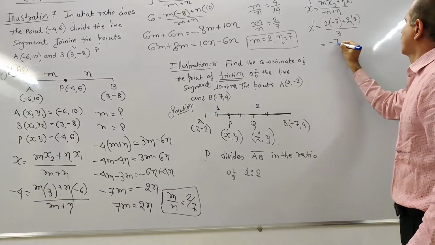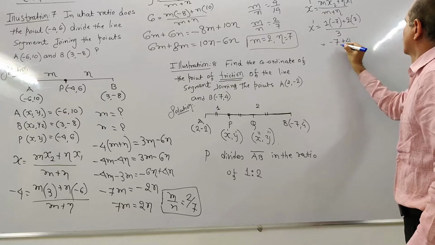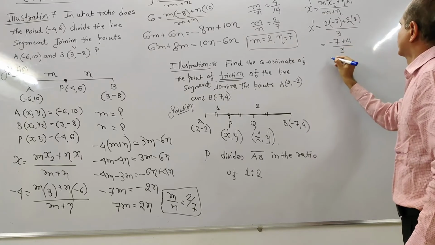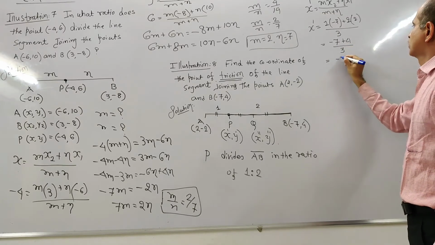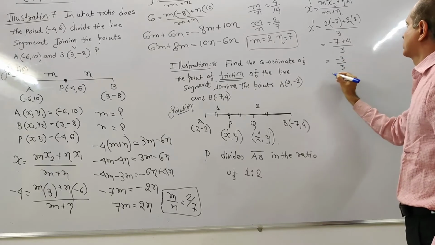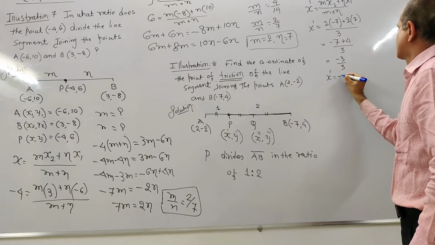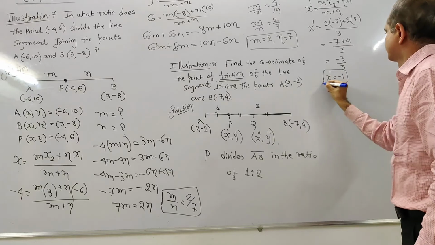So it becomes (-7 + 4) upon 3. This gives -3 upon 3. So x' is equal to -1.